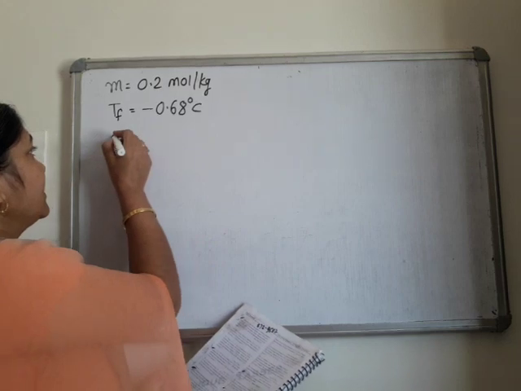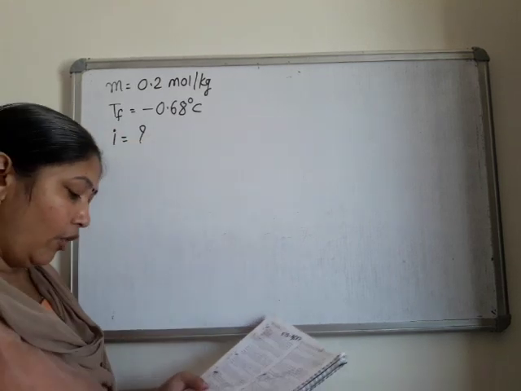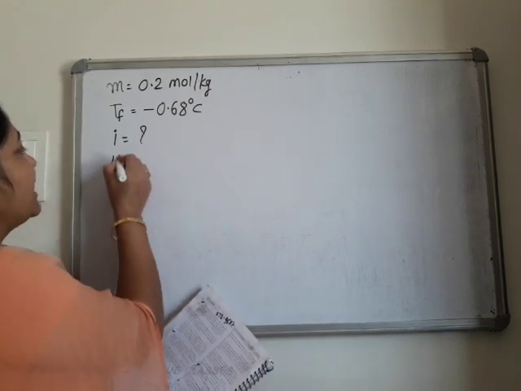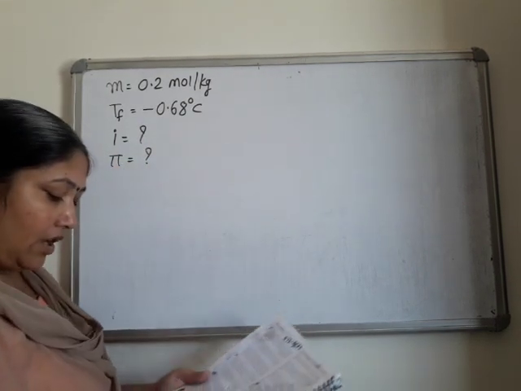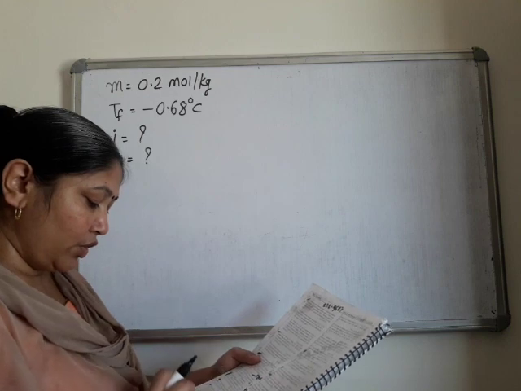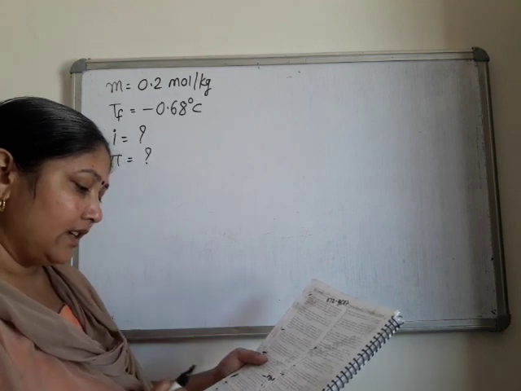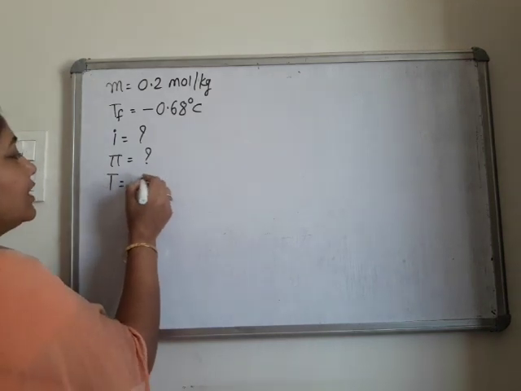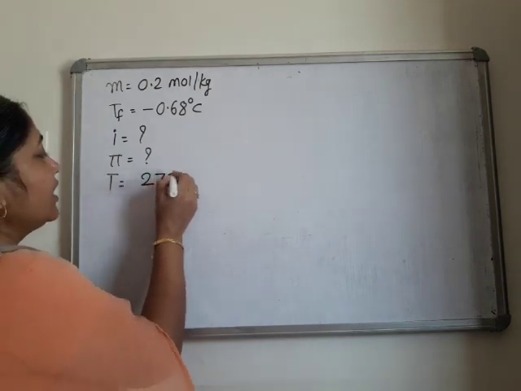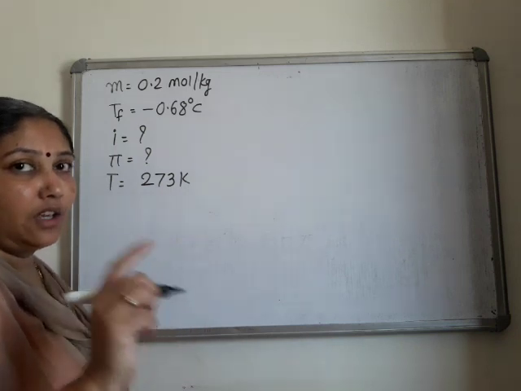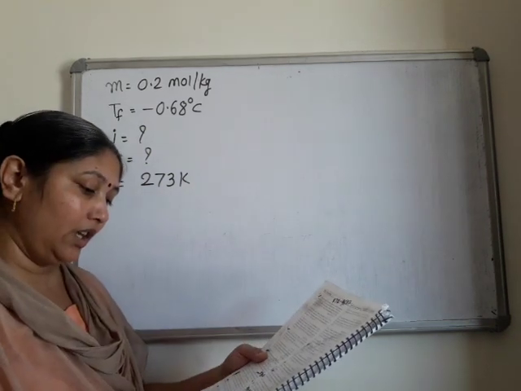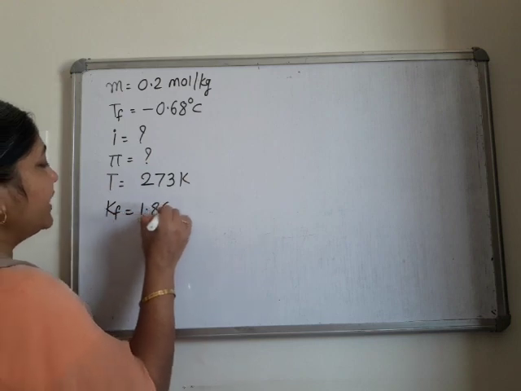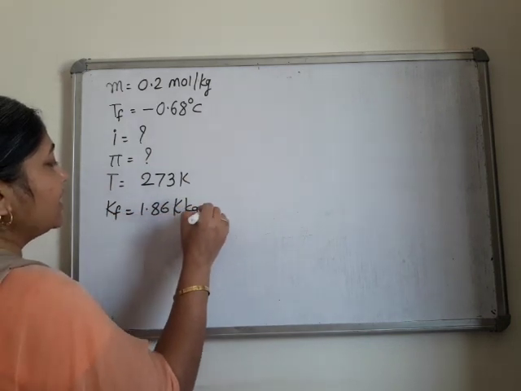Calculate the van't Hoff factor, i, and the observed, meaning actual, osmotic pressure of the solution at 0 degrees Celsius. So the temperature is 0 degrees Celsius, which means 273 Kelvin. And Kf is given as 1.86 Kelvin kg per mole.